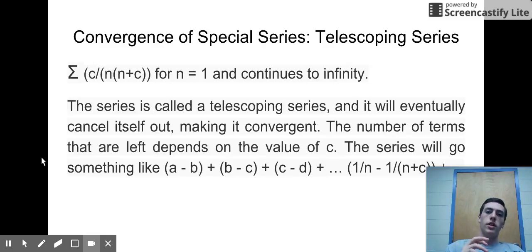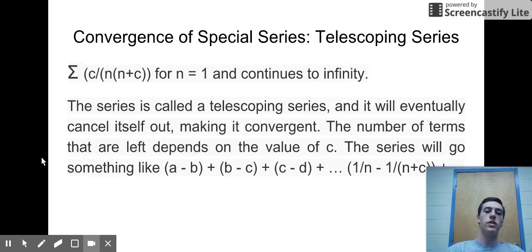So basically, you can use partial fraction decomposition to break that down, which should give you 1 over n minus 1 over n plus c. Because when you multiply it across, you have to cross multiply both denominators.